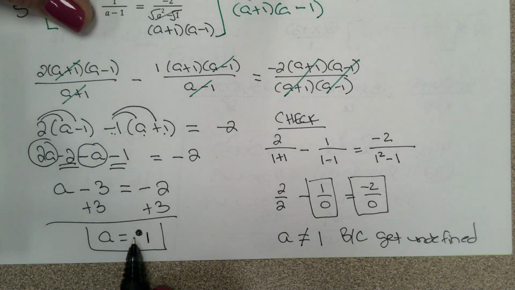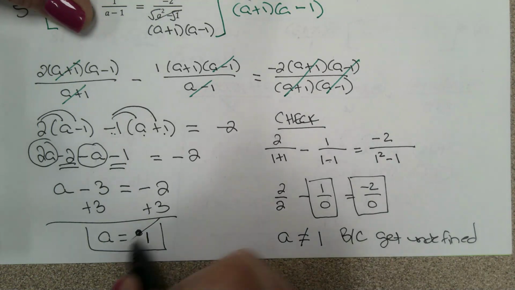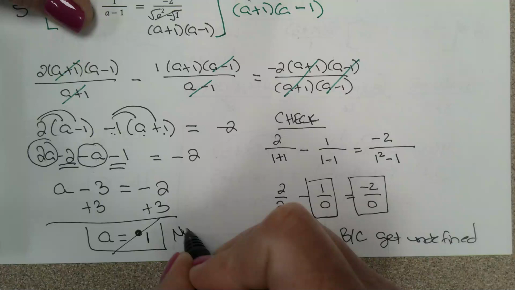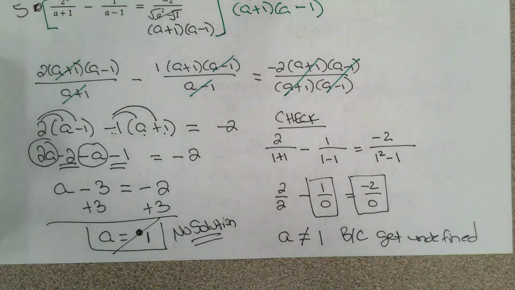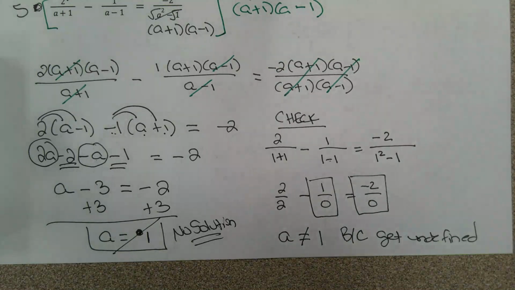So since a equals 1, but here it says it can't equal 1, this is actually no solution. So we will talk more about plugging them in and seeing which answers are not allowed in the next section.